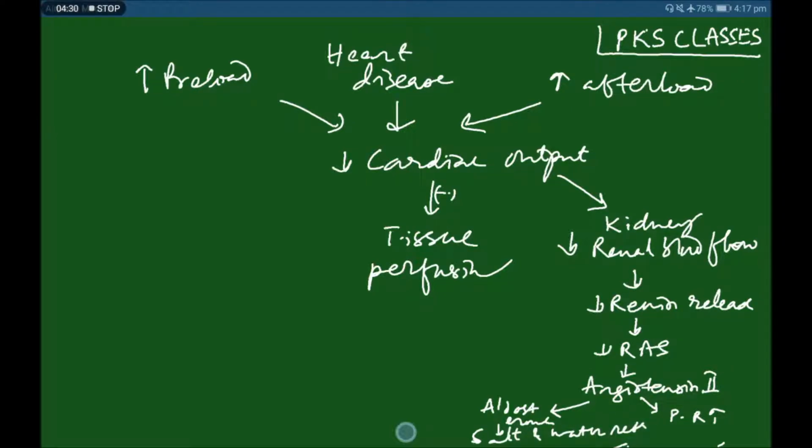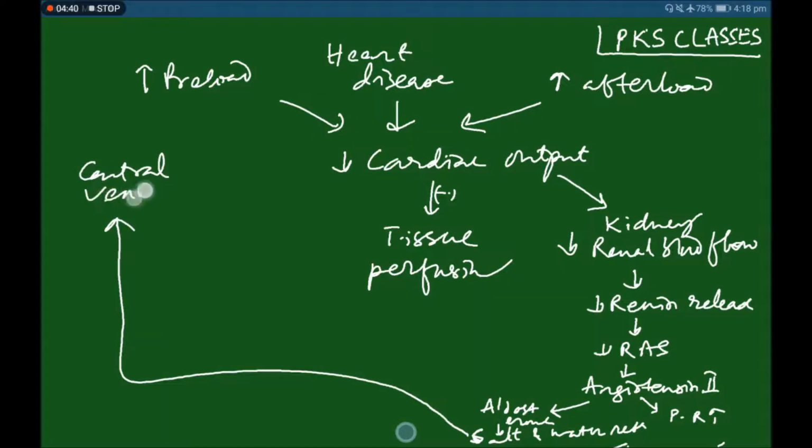So this salt and water retention increases the central venous pressure, because of which the preload increases. Okay, and when the cardiac output decreases, ultimately there will be increase in central venous pressure, which increases the preload.